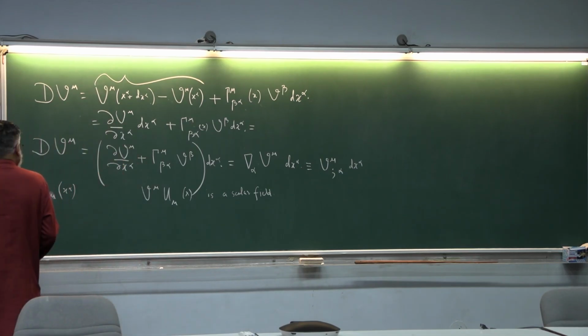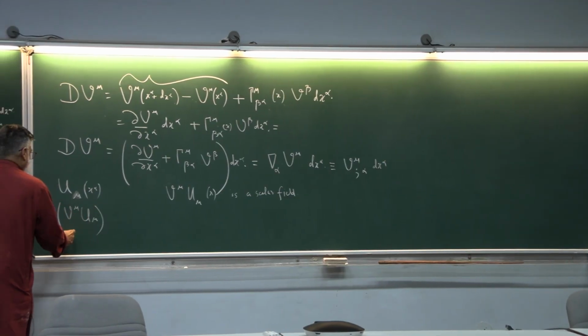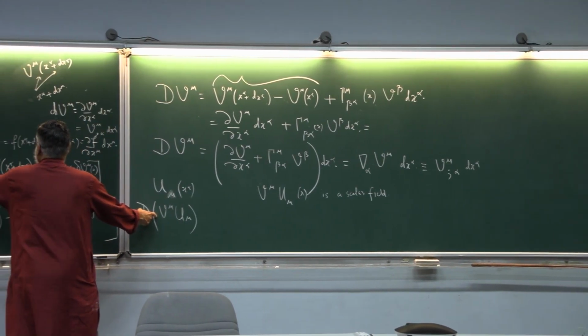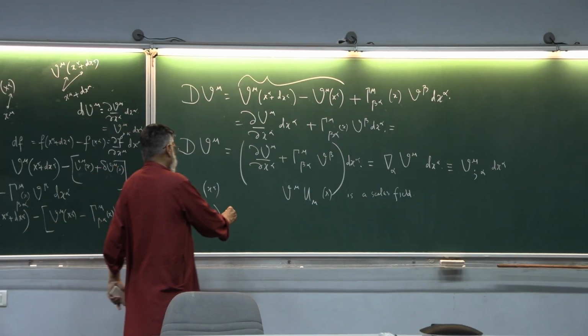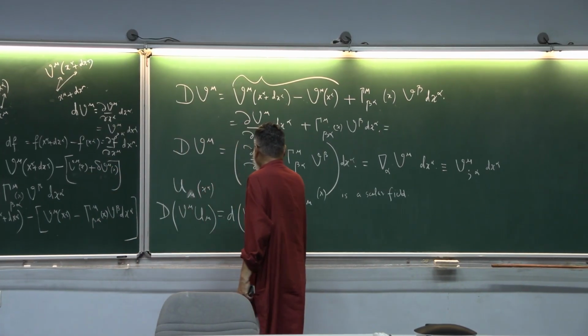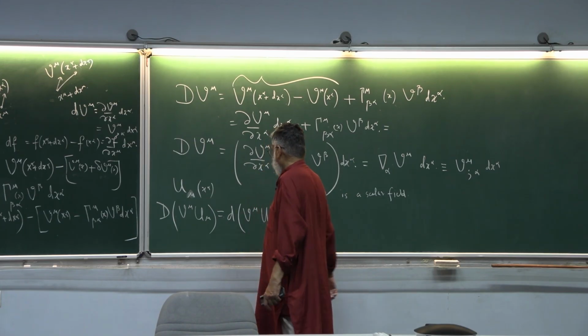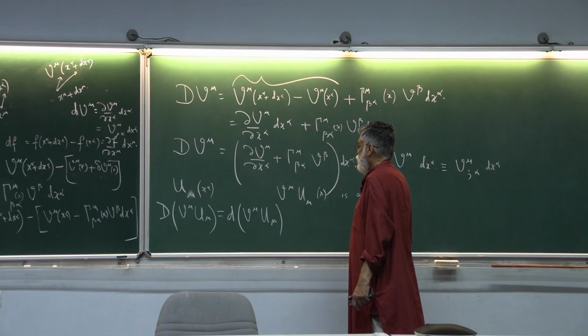So they will say that this is a scalar field, and therefore capital D of v mu u mu, capital D of a scalar field, is same as df. So this is same as d of v mu u mu. Okay.